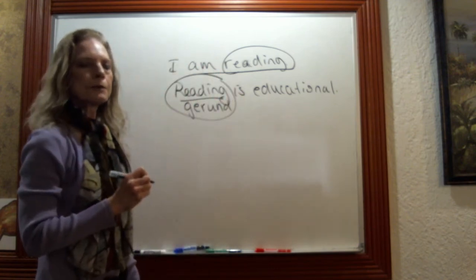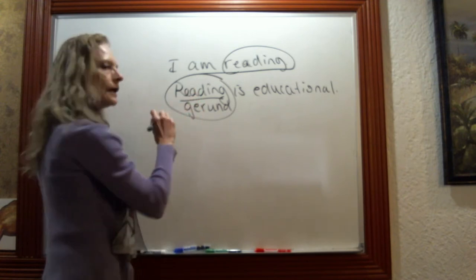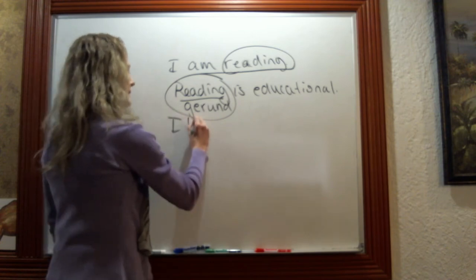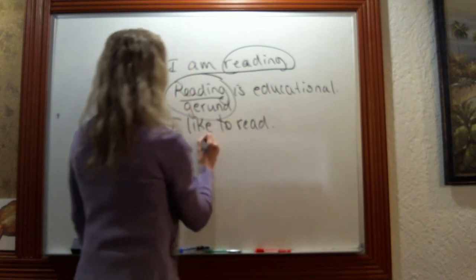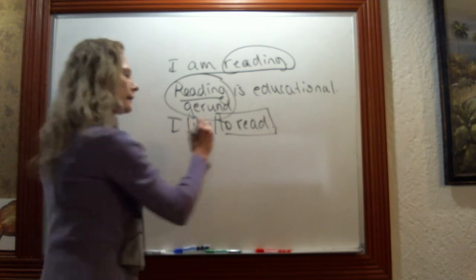That's your subject. Now, sometimes you'll use something that's called an infinitive, and that's also in your chapter that you're going to be studying today. So if I say, I like to read. Okay, here you have like, and after is what we call an infinitive.